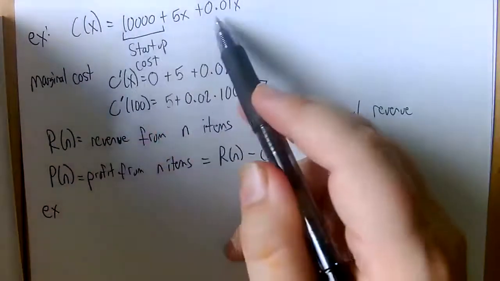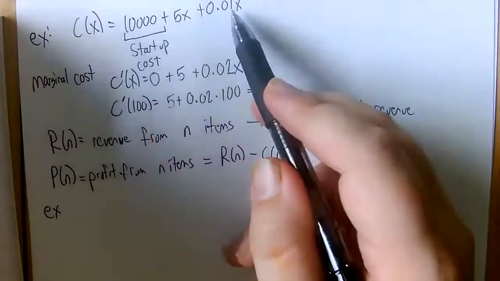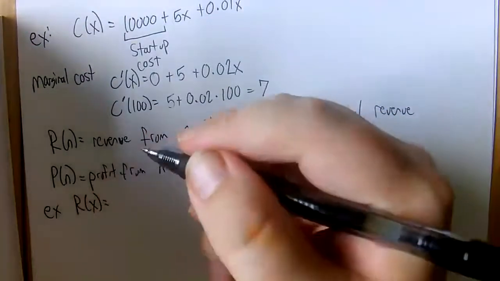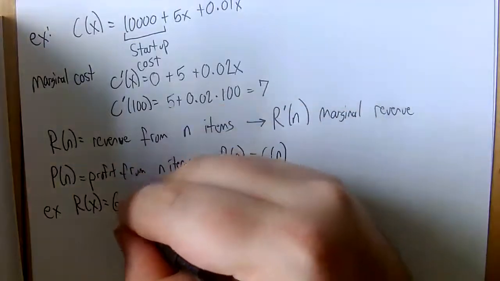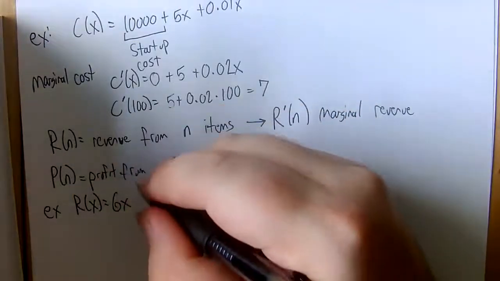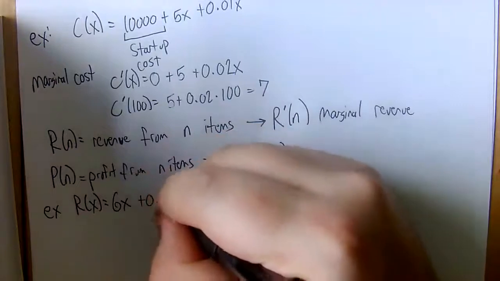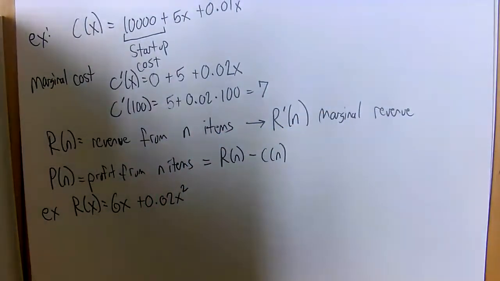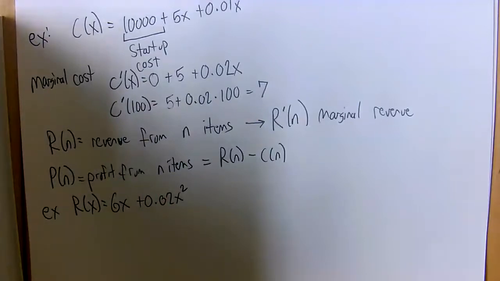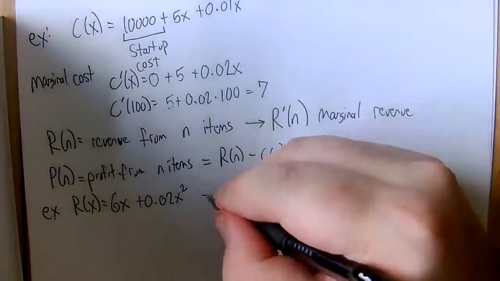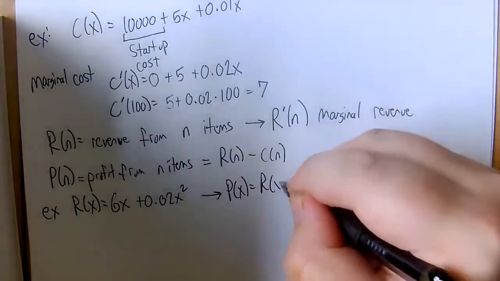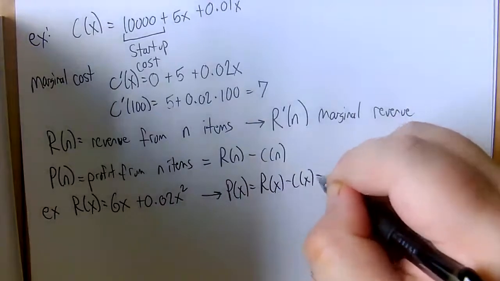Let's say we have the same cost function as before. So C of x will still be this. And then let's say we have a revenue function for selling x items of 6x plus 0.02x squared. Notice how there isn't a constant here. So what I want to do here is I want to figure out what the profit is. So P of x will be R of x minus C of x.